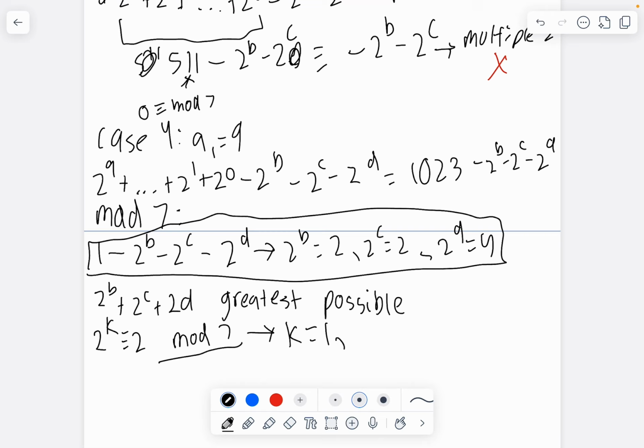Then we can cycle up to 4 and 7. And another solution is 2^k congruent to 4 mod 7, where k is equal to 2, 5, and 7.